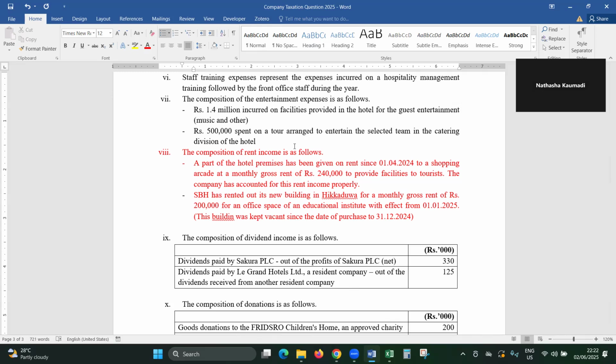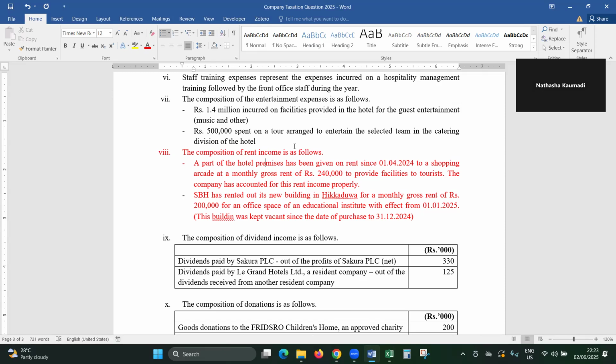I told you when you have rented out one of your buildings, if the tenant is paying more than 100,000 rupees monthly rent, now in this case 240,000 rupees monthly, that tenant should deduct 10% of the rent income and remit that 10% to the Inland Revenue Department, and the balance 90% will be paid to the owner of the building.